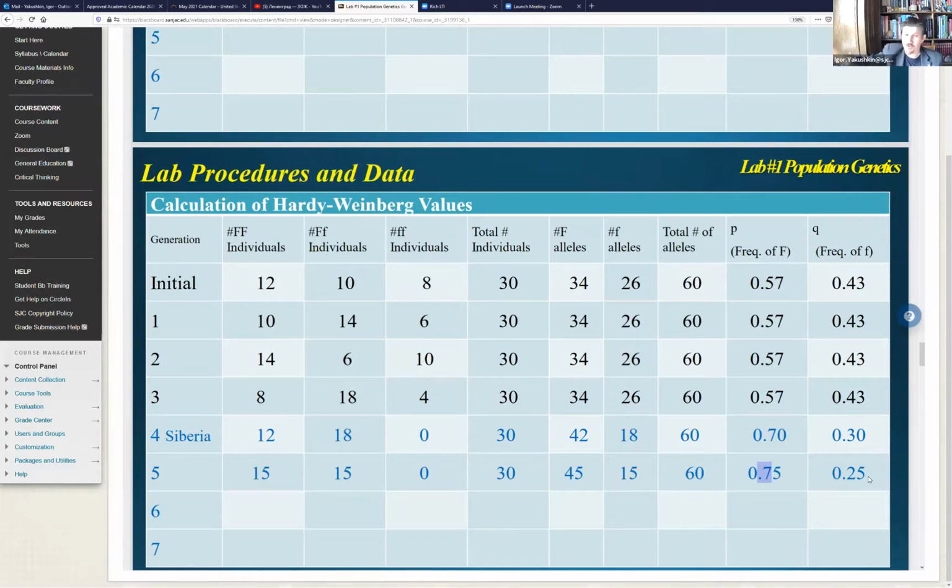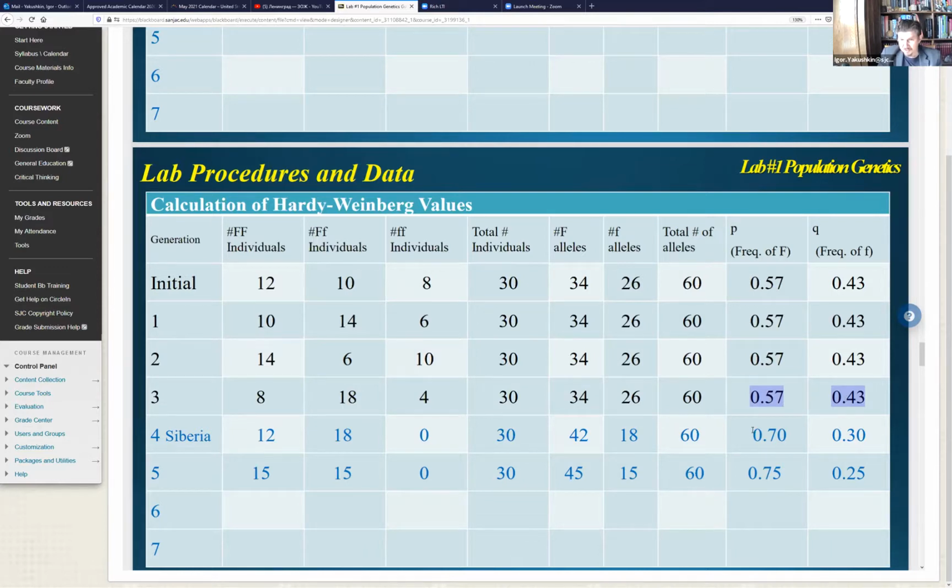Precisely. As long as no disturbance to the equilibrium is applied, it will stay in stasis, in the equilibrium. It gives us a reference point. Remember I was talking about the reference point. We're supposed to have, in this particular population, 0.57 and 0.43.